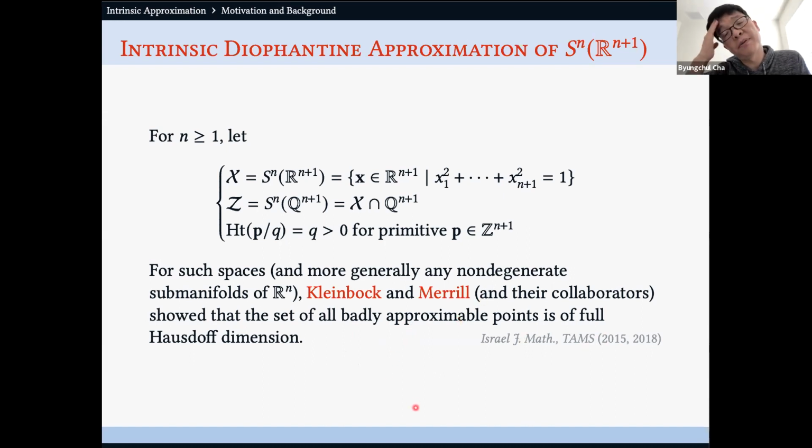There are a couple of papers that I'm aware of, in the Journal of Mathematics and Transactions of the AMS, where they prove that for S^n, the n-sphere, and more generally, non-degenerate submanifolds of R^n, they are able to show that the set of all badly approximable numbers has full Hausdorff dimension.